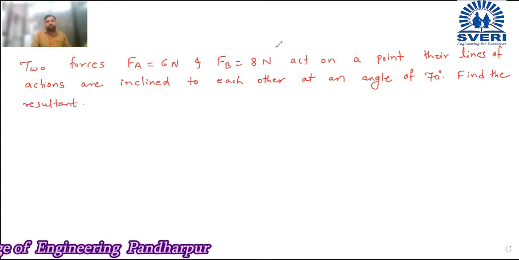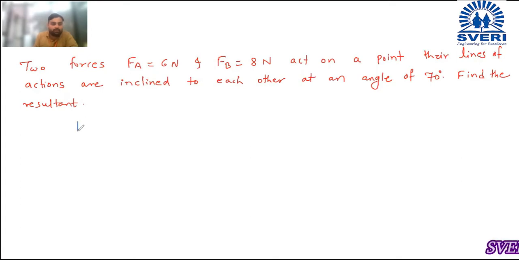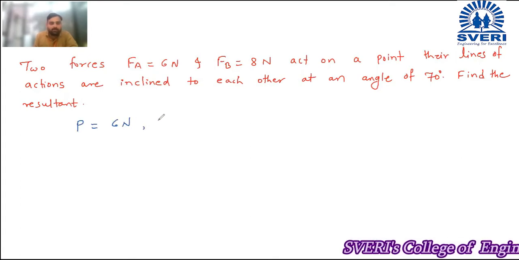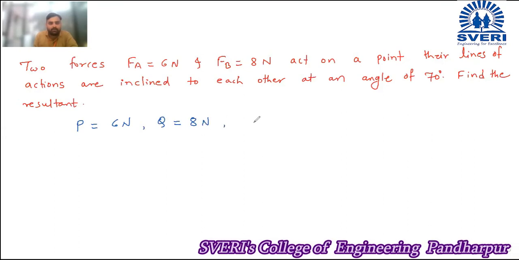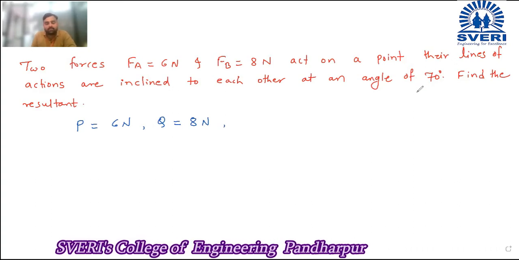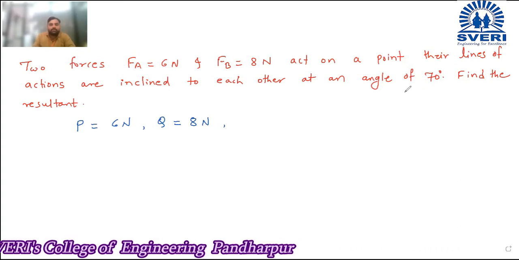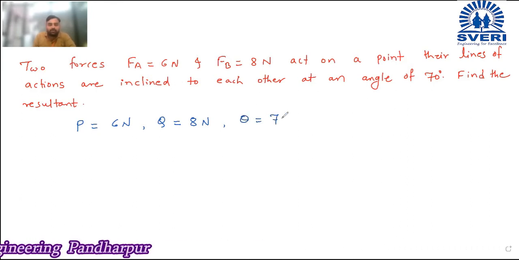Now this is the straightforward problem that we have taken. Two forces Fa and Fb are given to you. So our value of P, that is Fa, is 6 Newton. Value of Q, Fb, is 8 Newton. Their lines of action are inclined at an angle of 70 degrees. So the angle between these two forces is 70 degrees.